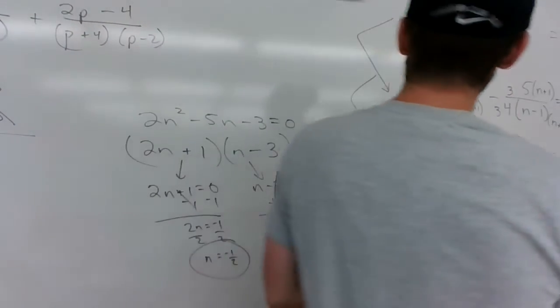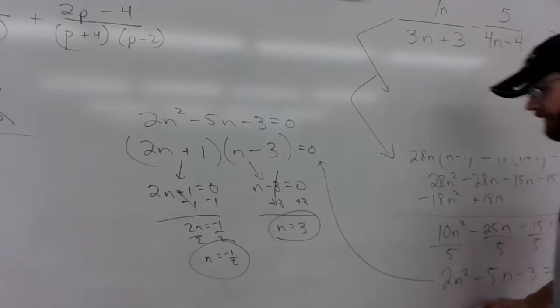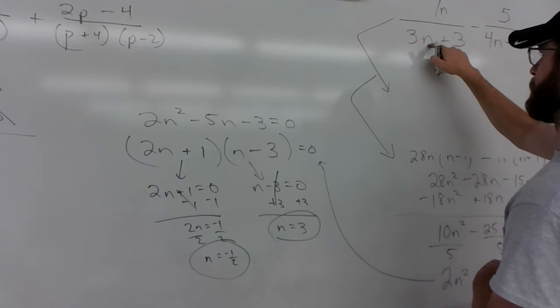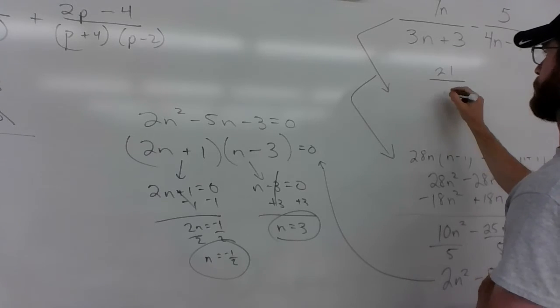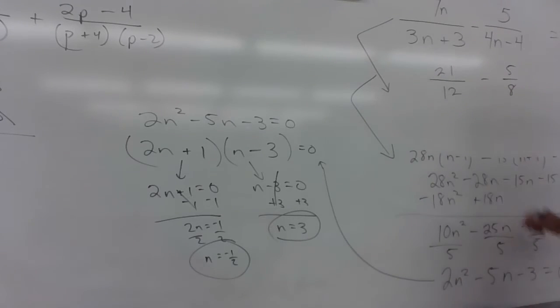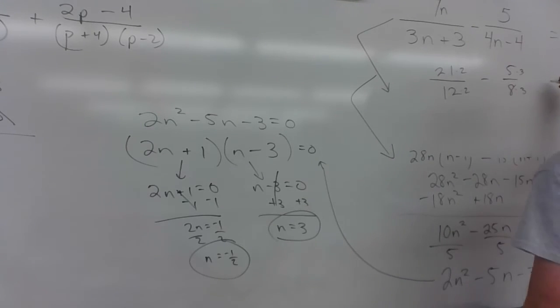So let's say I want to check these two answers. Plug in a 3 here, so that's 21. Plug in a 3 here, that'd be 3 times 3, 9. 9 plus 3 is 12. And then a 3 here would be 12 minus 4, that'd be 8. Common denominator would be 24. Over here it'd be 9, 3 times 3, over 2 times 3, which is 6. 6 plus 2 is 8.